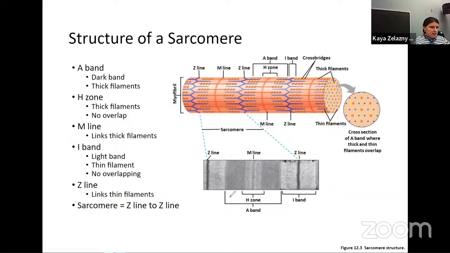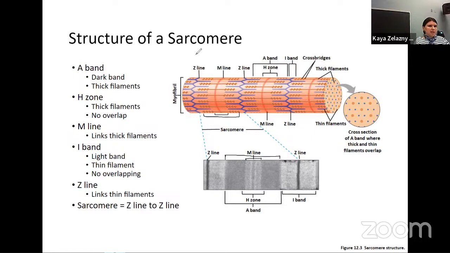Then we have the A band that we were talking about. The A band is anywhere we have thick filament, whether we have overlap or not. Then the H zone in here is where we have only our thick filament. So only thick filament, no thin filament.